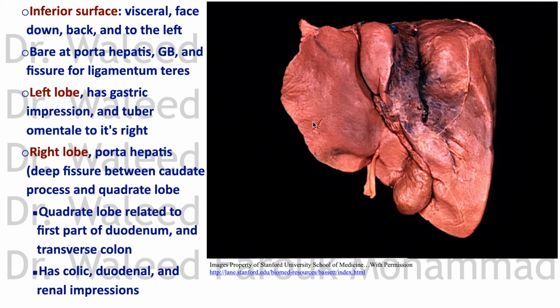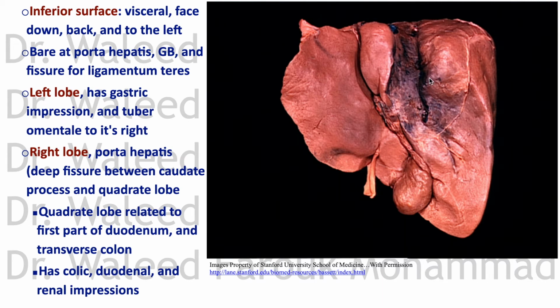The inferior surface, all this surface is the inferior surface. See, now you can imagine the exact position of the liver. It's inside in the abdomen. It's tilted so that the inferior surface faces directly down, and this faces posterior and this superior.